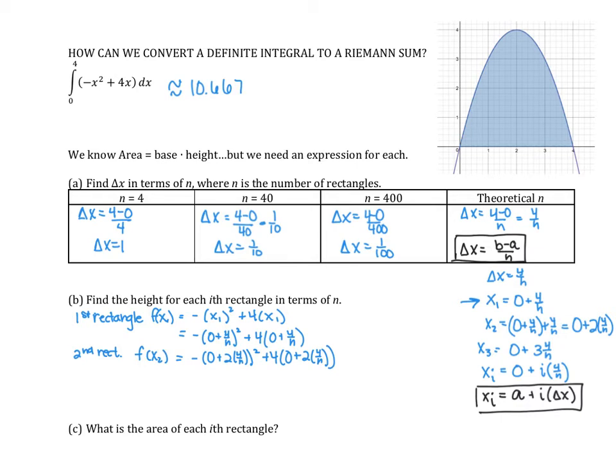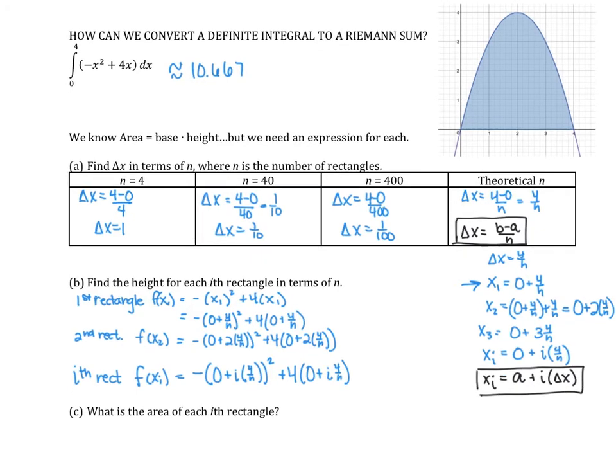So if I wanted to figure out the height of the ith rectangle, I would get it by plugging in x sub i into the equation that we already know. So if I plug in my i term to my equation, we get this. Now obviously this could be simplified. So let's look at what that looks like. I'm going to scroll up.